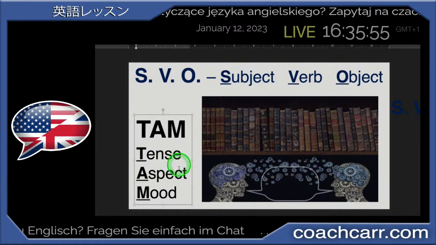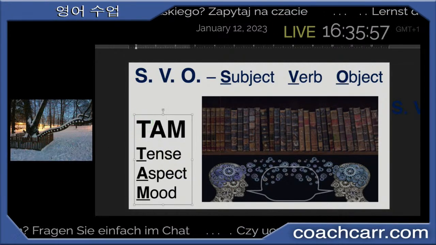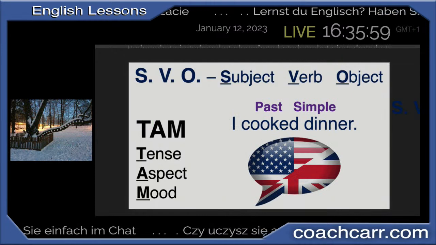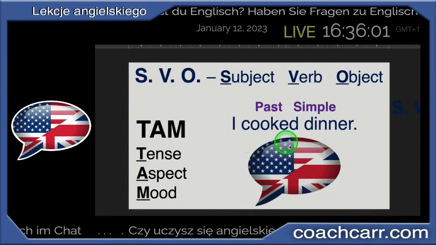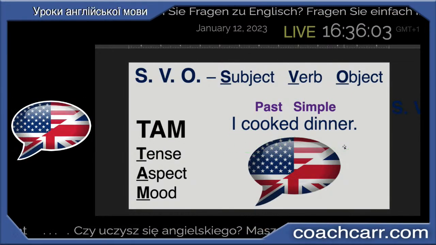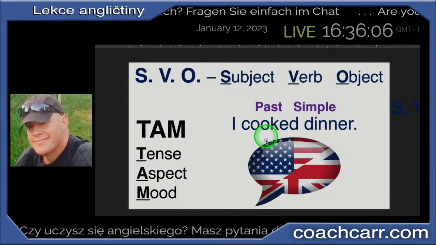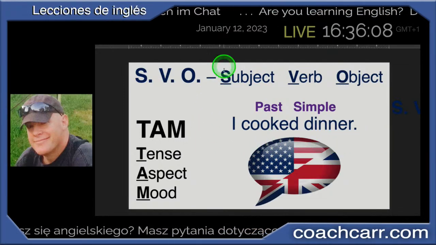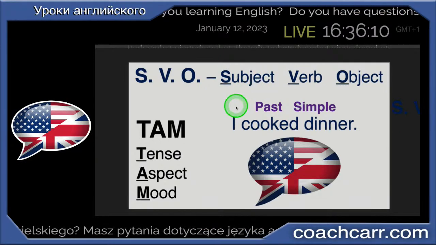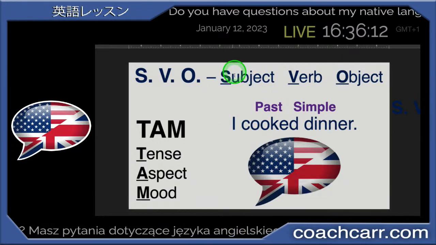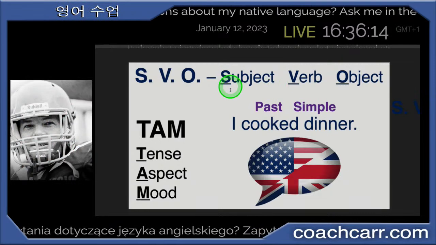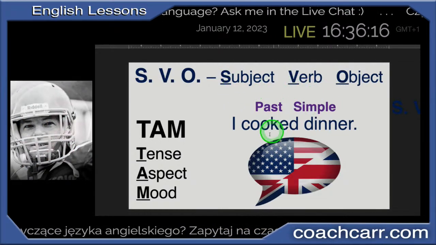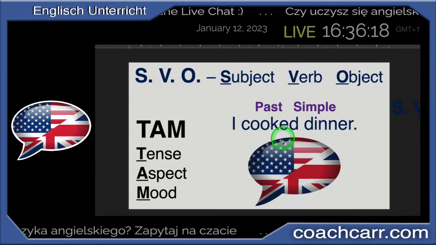Okay, we'll start with a simple example here. I cooked dinner. Where the subject here is I. I am the subject of this sentence. The verb is cooked.